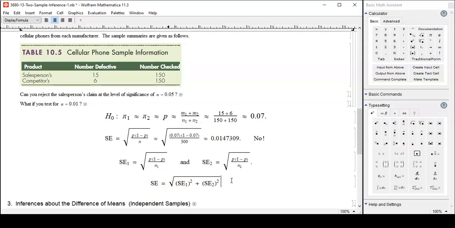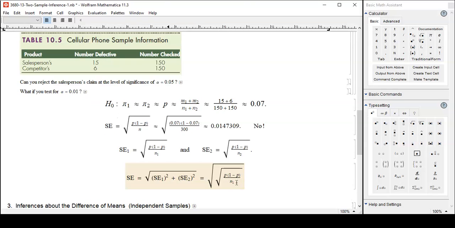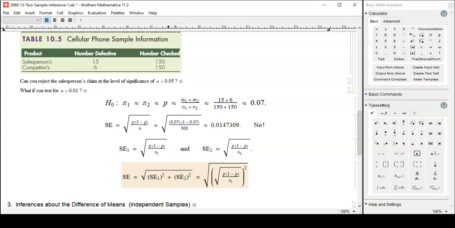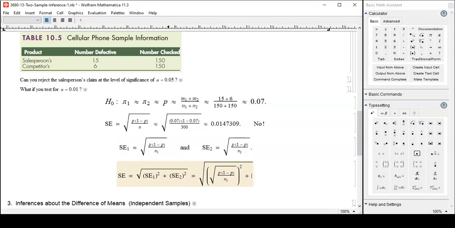If you do that, then what do you get? We have square root of this thing squared and this thing squared. But then again, square root and square cancel each other, right?